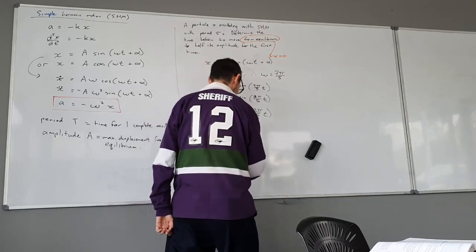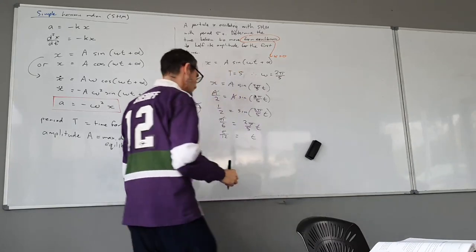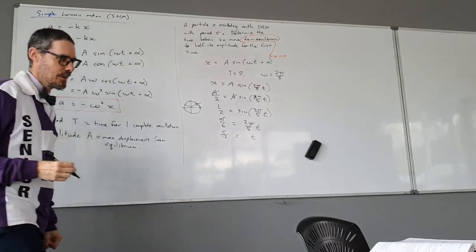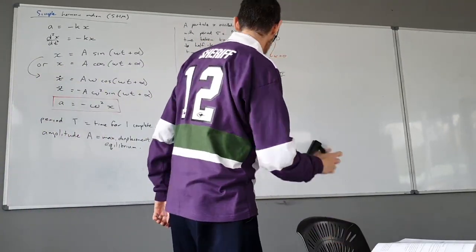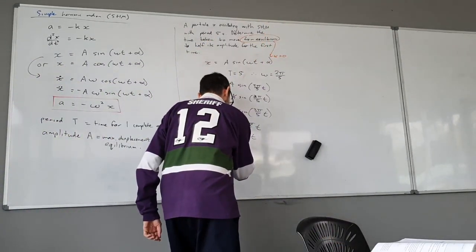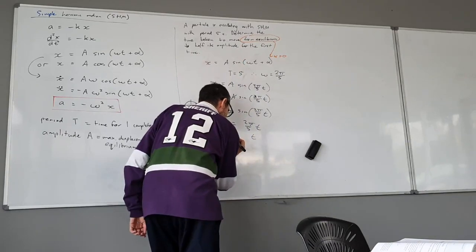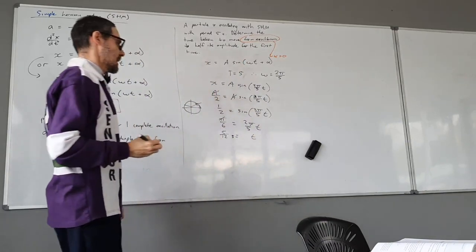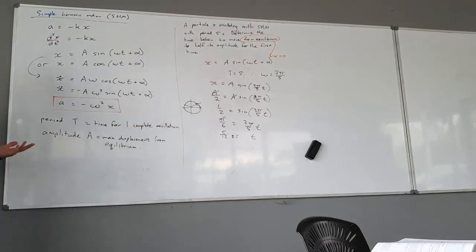Okay, I can stop there then. 5 on 12 seconds. Oh, that's messy. Probably a decimal would be just fine, though it's going to be a non-terminating, recurring decimal.